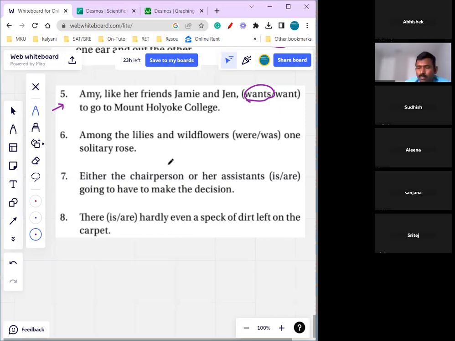That's correct. So singular, that's right. "Was" one solitary rose. Good job. Srinidhi, number 7.